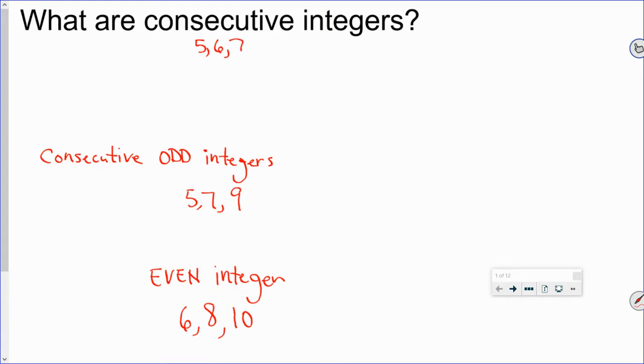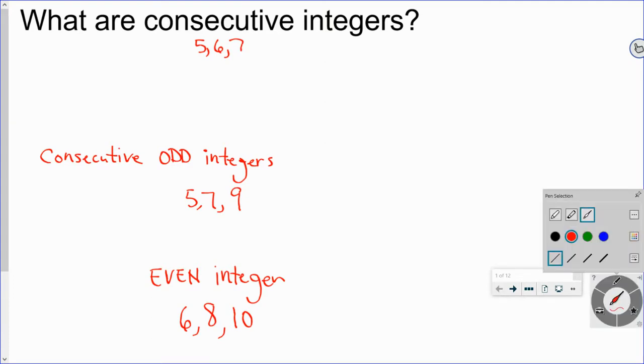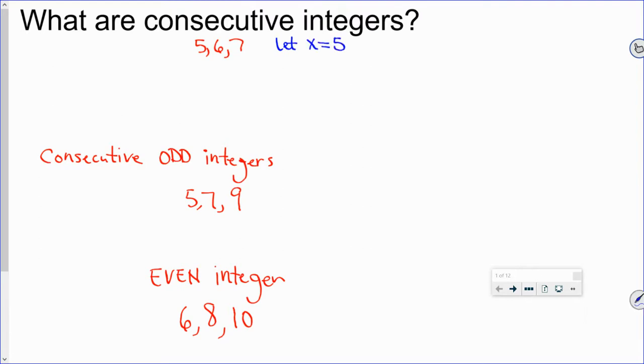What if I wanted to write an expression to represent those? For example, let's say let x equal 5. If I wanted to write an expression for that, then I say, well, x is 5.